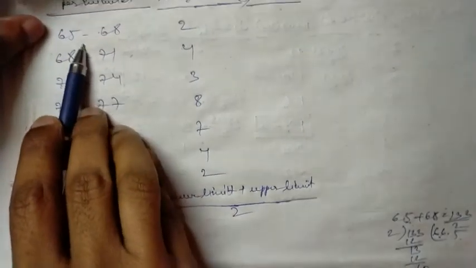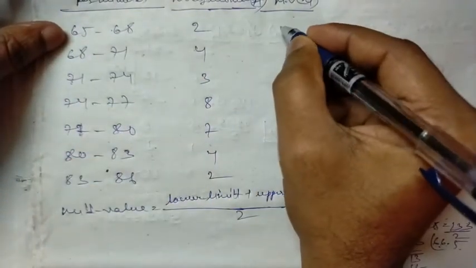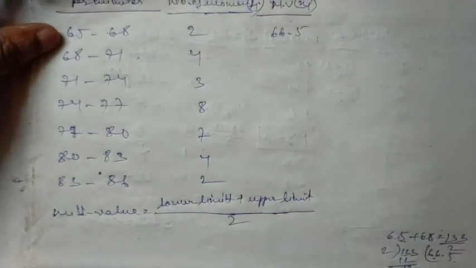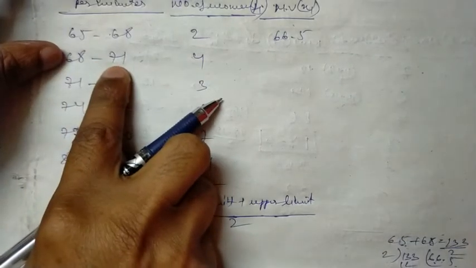So after calculating, we got 66.5. Again we have to add 68 plus 71.